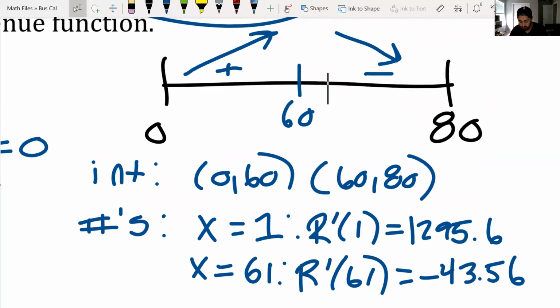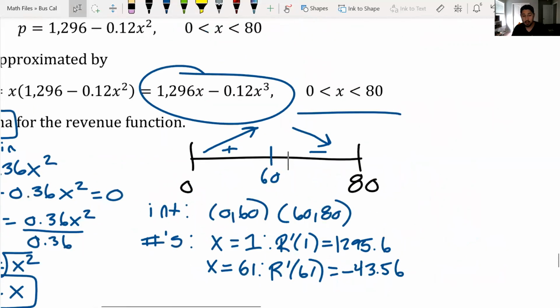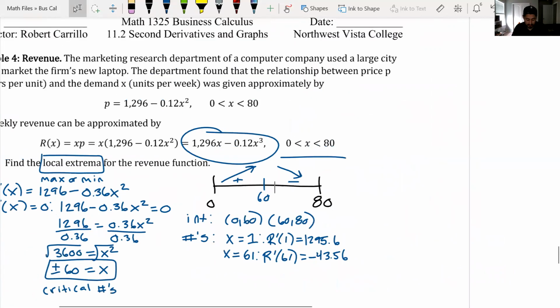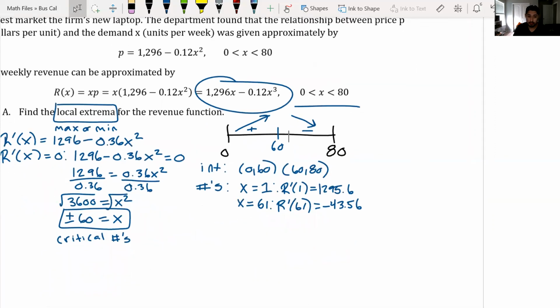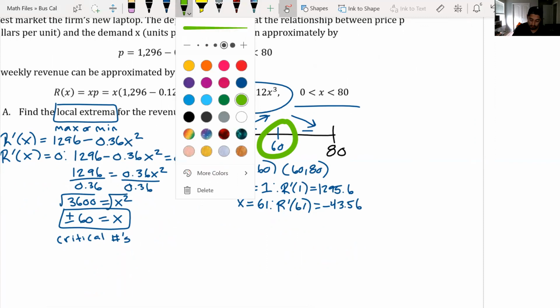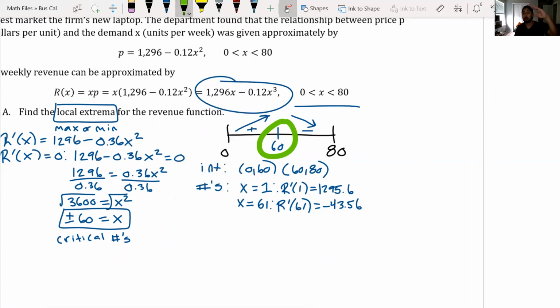Okay. So now we're looking for a local extrema. Find the local extrema for the revenue function. Well, we look at our only value of 60, which means that we increase and we decrease at that critical number of 60.